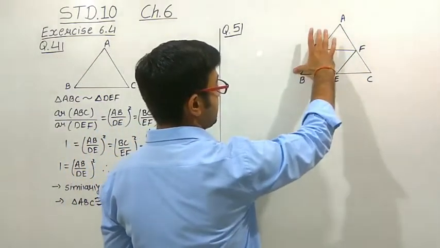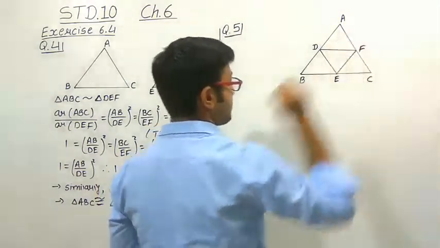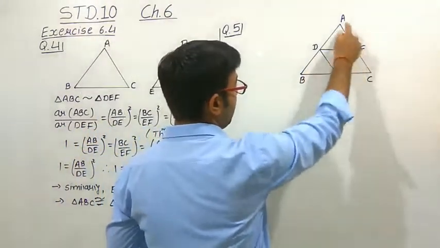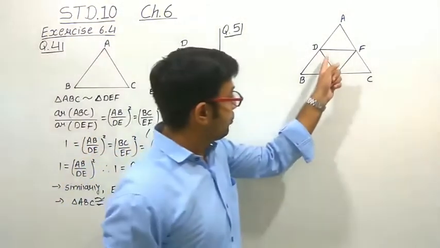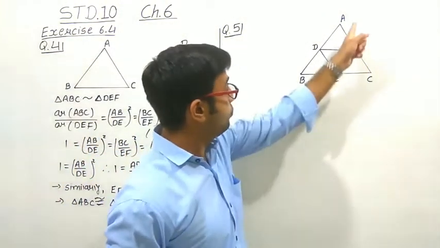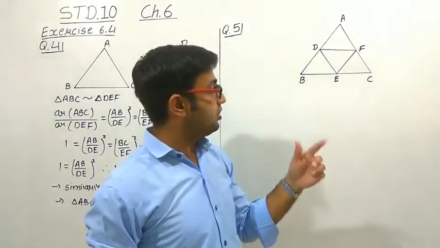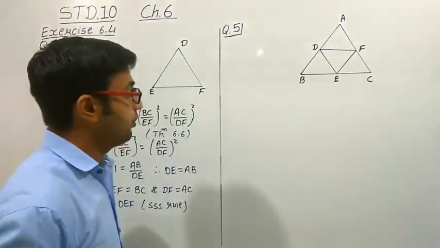D is the midpoint of side AB, E is the midpoint of side BC and F is the midpoint of side AC. So two triangles we have to consider, DEF and ABC. And we have to find the ratio of the area of triangle DEF to the area of triangle ABC.